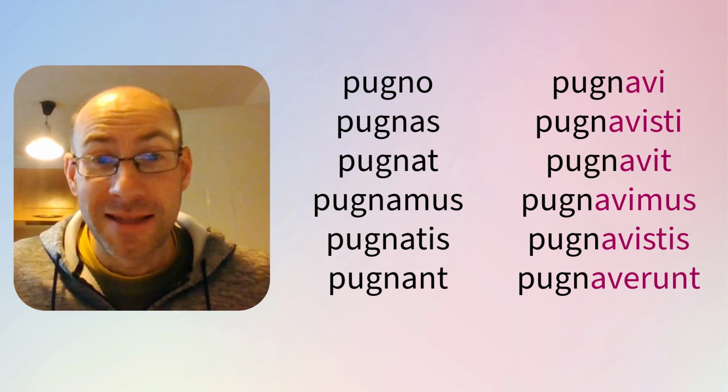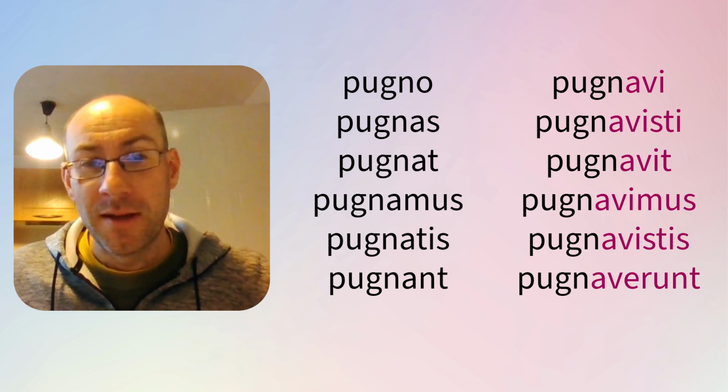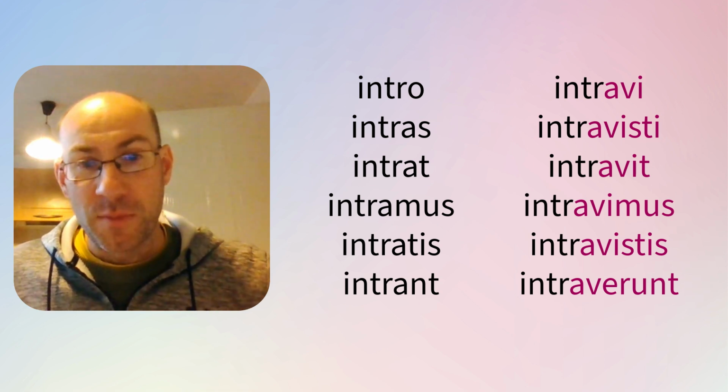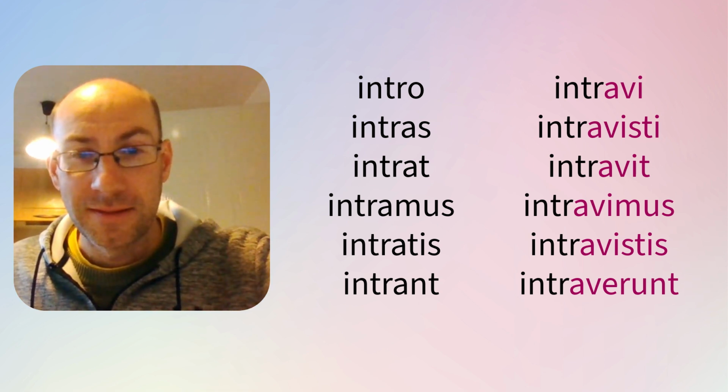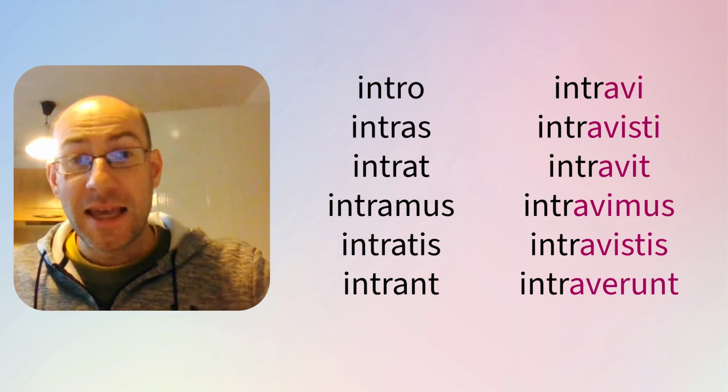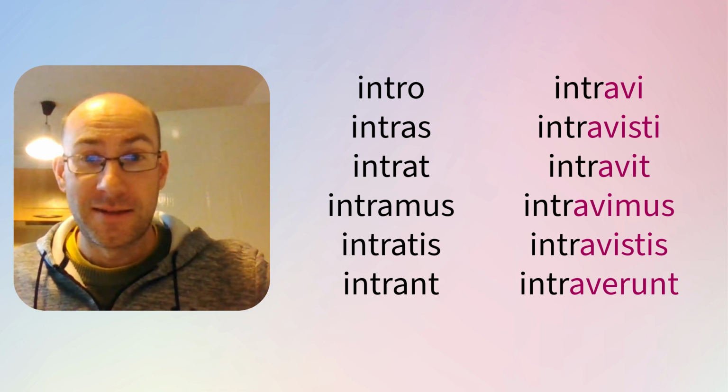Let's take the verb to enter. Do you remember that one? Sounds quite similar. We change the E at the beginning to an I. Intrare, to enter. Take off the are, the present would be intro, intras, intrat. Past tense, therefore, perfect tense, what's it going to be, guys? Intravi, I entered.